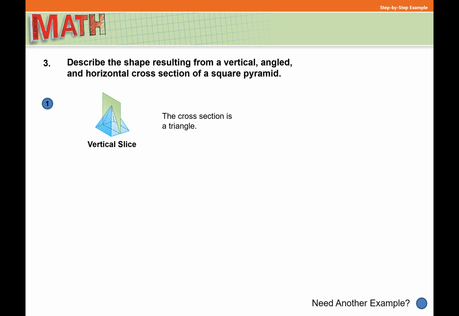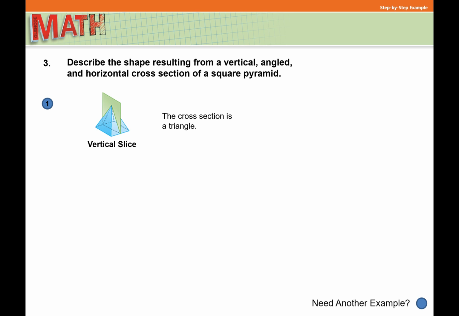So what is the shape going to be that you see once you make that cut? Okay, in this case, if you cut straight down on a three-dimensional figure, that cross section is going to be a triangle. Okay, we'll do a little bit of practice with this in class when we work through this together.